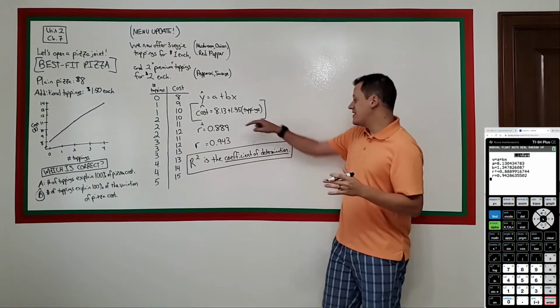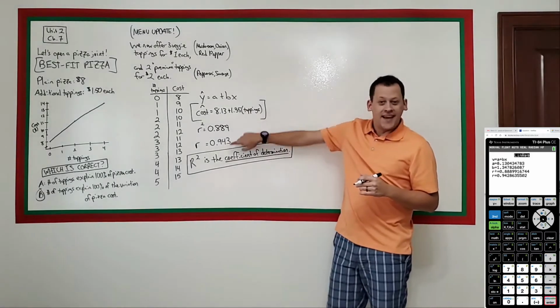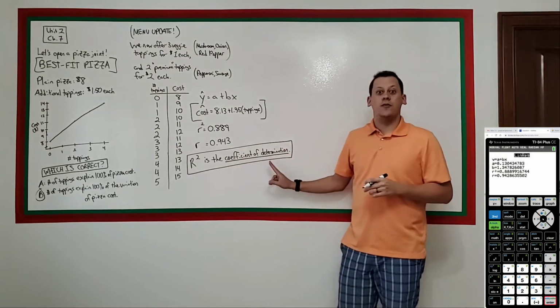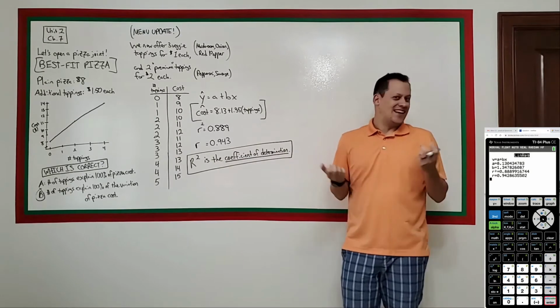So R is the correlation coefficient, and R squared is the coefficient of determination. It's very determined, I guess.